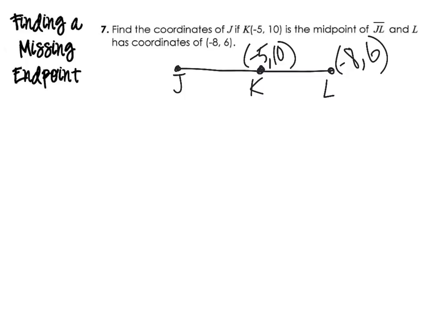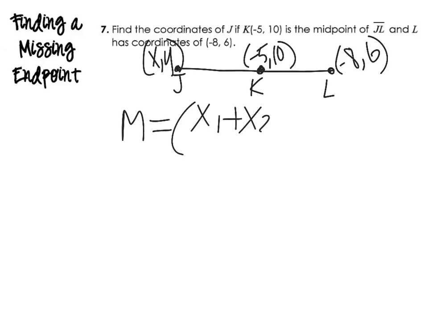Obviously this wouldn't be a horizontal line if we were to plot these on a graph. It would be at a diagonal. But for now we're just getting an idea of what we're looking for. We're looking for J, so we're looking for an x comma y. We don't know what it is. Now, we know our midpoint formula is going to be x1 plus x2 divided by 2, y1 plus y2 divided by 2.